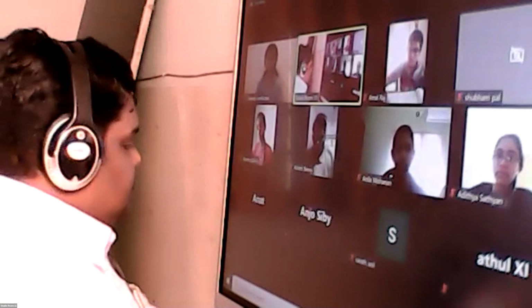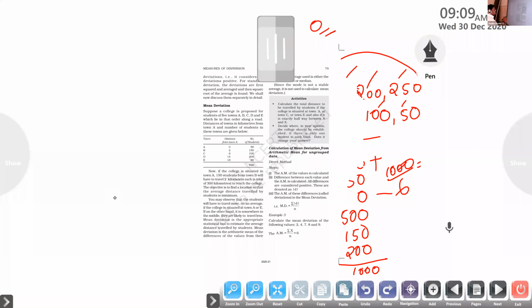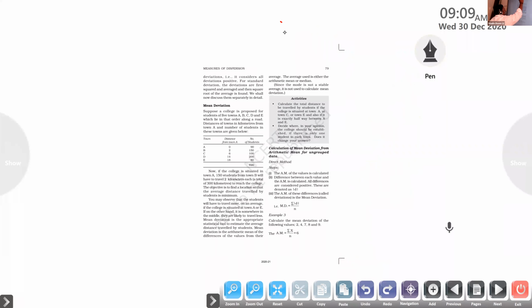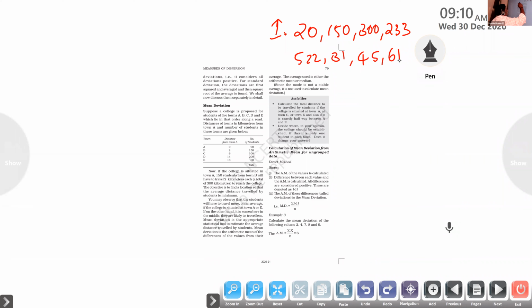So that is the mean deviation here. Okay, back to the chapter. Write 1, 2, 3 homeworks and find them out for tomorrow. Number 1 homework, Set 1. Set 2.